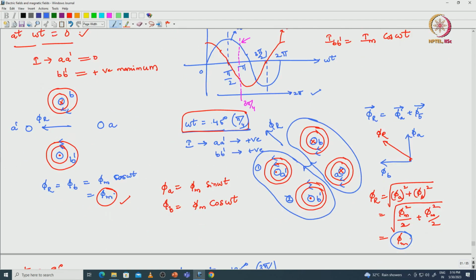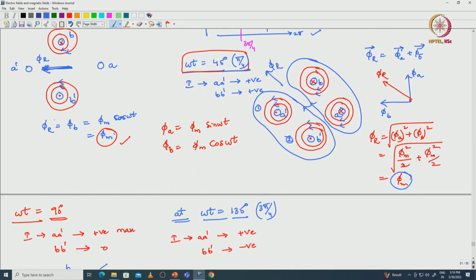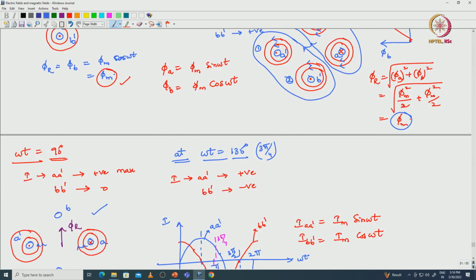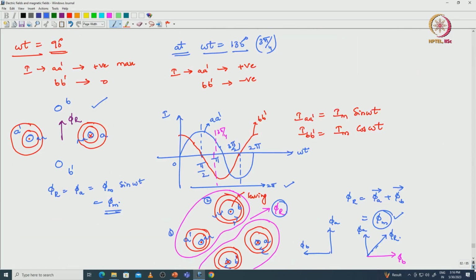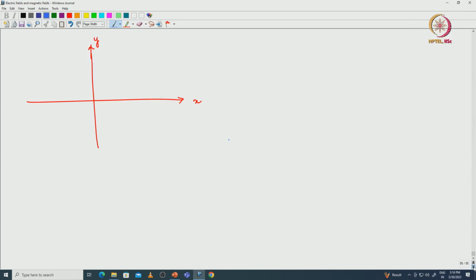So, at 0 degrees we have seen in this direction, right, and at 45 degrees it is 45 degrees towards clockwise manner, and same way from 0 to 360 degrees we have analyzed the resultant magnetic field vector.